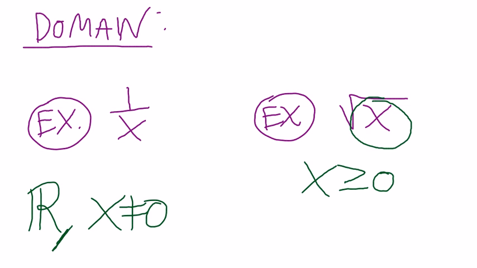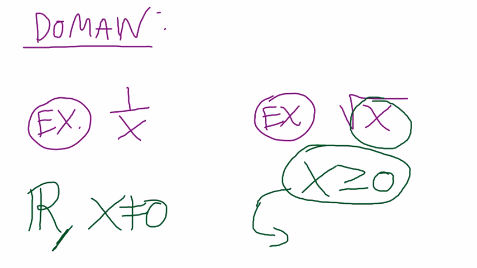This is your domain. Now the other way of listing this, and I didn't do it for the first example, is interval notation. I don't think you've seen this before, and I'll explain this more as the year goes on. x is greater than or equal to 0. We could put this in interval notation. I'm going to put brackets. The reason why I put brackets is because this is underlined, meaning that 0 is included.